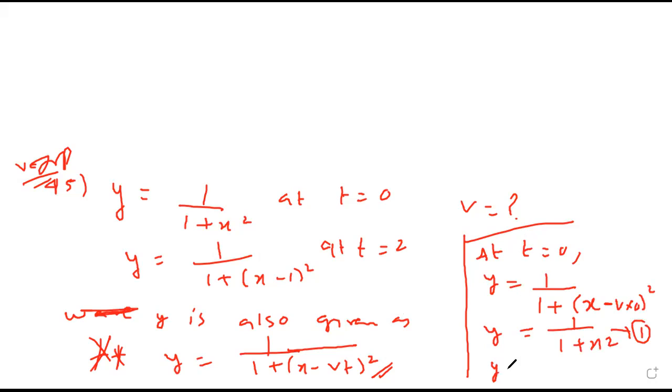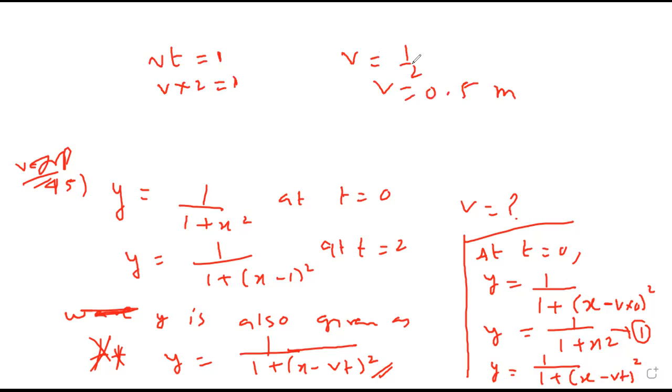And in the second, 1 upon 1 plus x minus bt, if I take, that means bt equals 1. So v into 2 is 1. Therefore v equals half. So v equals 0.5 meter per second.